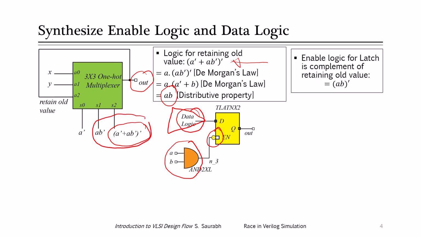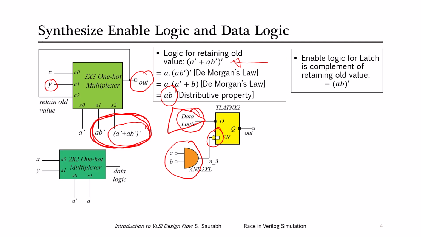We can think of these together: whenever these two lines are 1, then Y will be produced and otherwise X will be produced, and therefore we can simplify this 3 cross 3 1 hot multiplexer to a 2 cross 2 1 hot multiplexer, right?